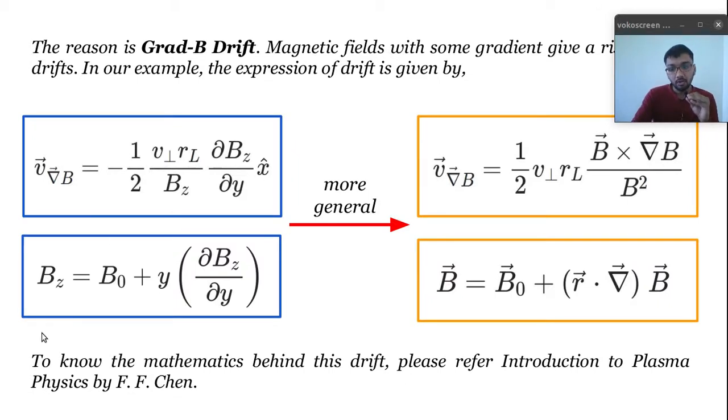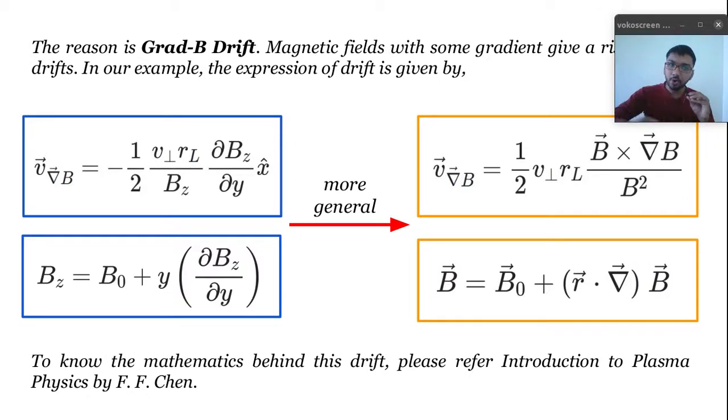Now, for the mathematics behind how I derived this, you must refer to Introduction to Plasma Physics by F.F. Chen. In this book F.F. Chen has nicely explained how you can derive this equation with the help of the Lorentz force equation.